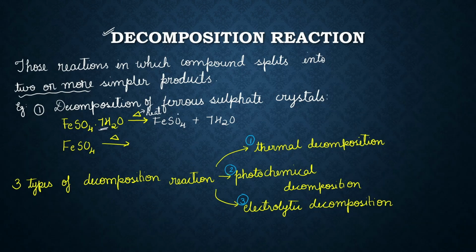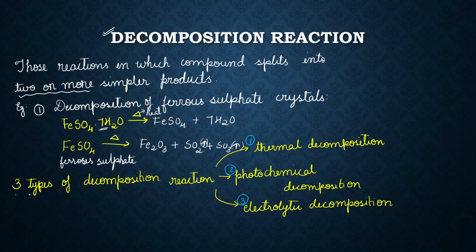And on prolonged heating, that is if I continue heating, then this ferrous sulfate further breaks down to form Fe2O3, iron oxide, plus sulfur dioxide and sulfur trioxide. These two are gases, so I am representing them with an upward arrow.